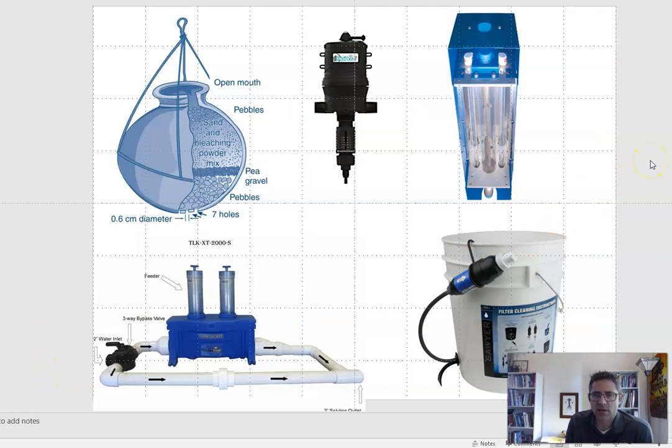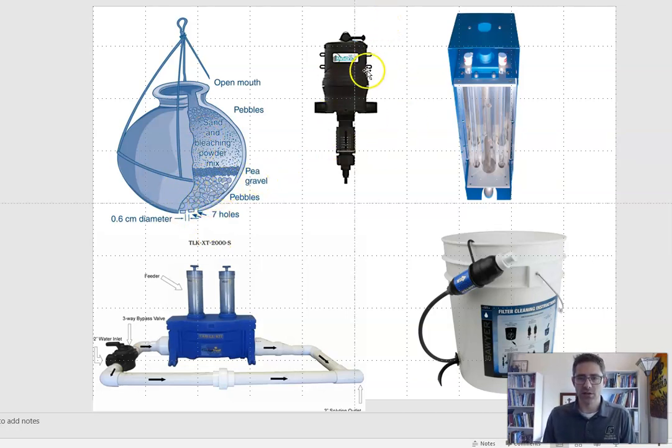And then these are the technologies for developing world applications. This is a bleach pot where you have a sand and bleaching powder mix. You could lower this down into a well, and as you use the water, it's disinfecting the water in the well, and then as you use it, the water has had time to be in contact with chlorine that's gradually coming out of here.